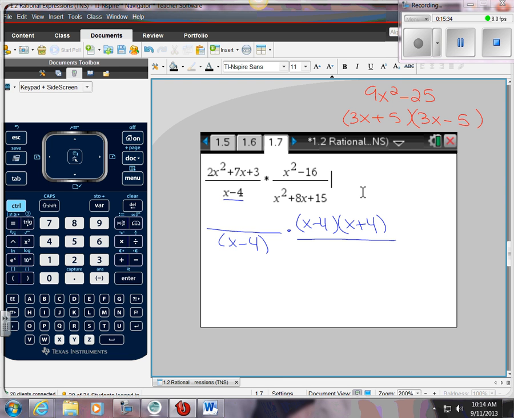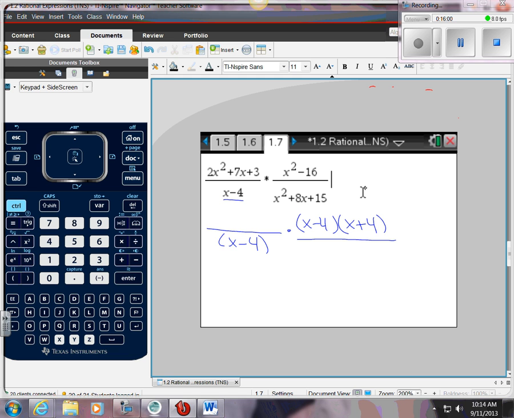Okay, how about 16y squared minus 49? Careful. 4y, 7. Square root. Okay, difference of two perfect squares. Are we good? Excellent.